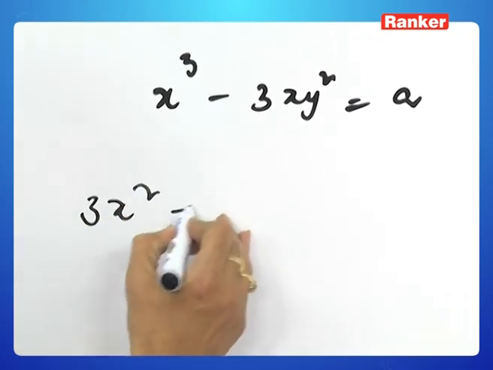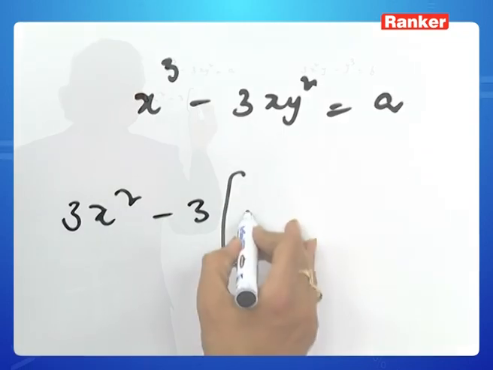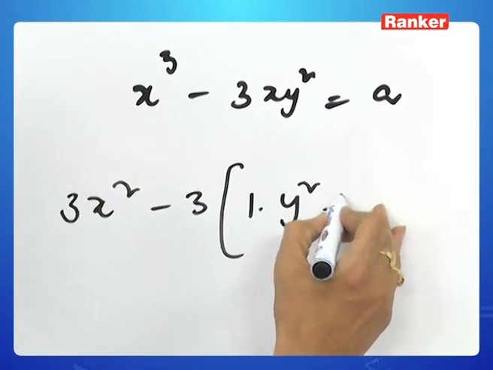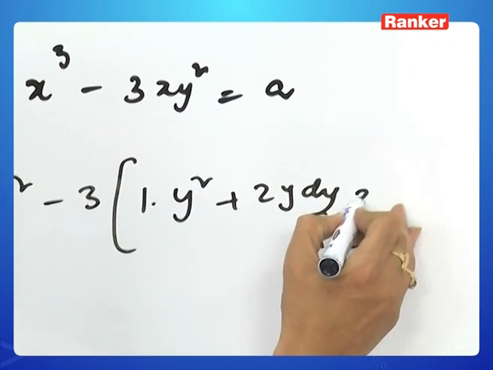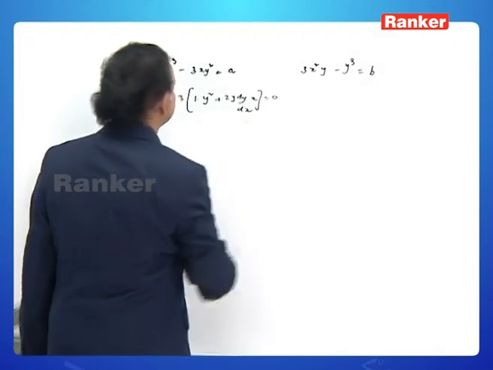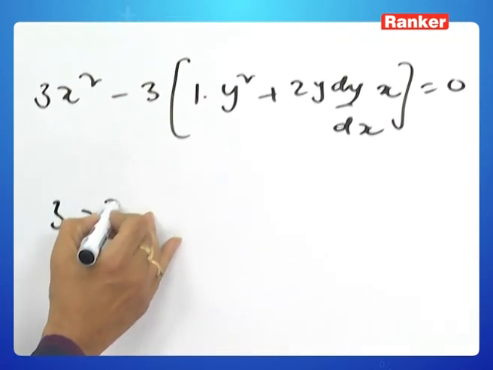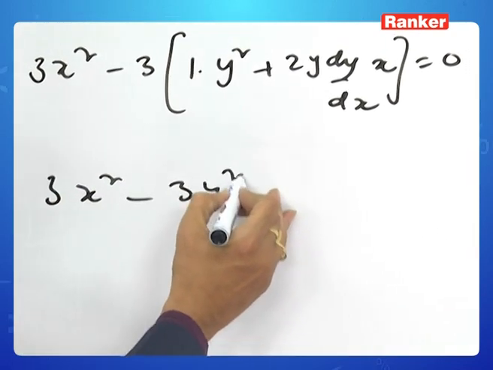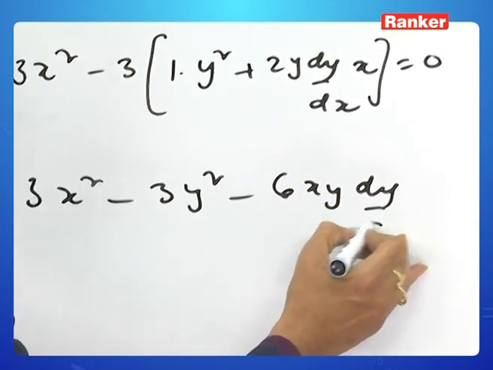3x square minus 3 into u derivative into v plus v derivative into u is equal to 0. So that 3x square minus 3y square minus 6xy dy by dx is equal to 0.